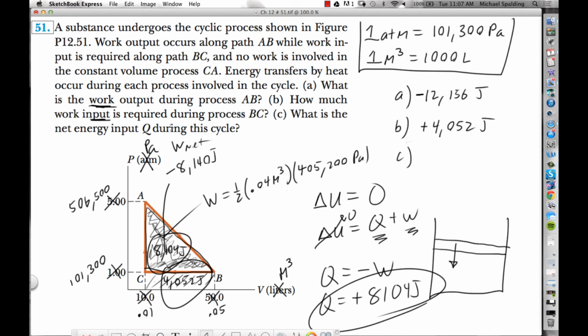Because we're focusing on the whole cycle. It says during this cycle. So for the whole cycle, the net work is negative 8,104. What would the 12,000 be? The 12,000? Yeah. That was the work just from A to B.